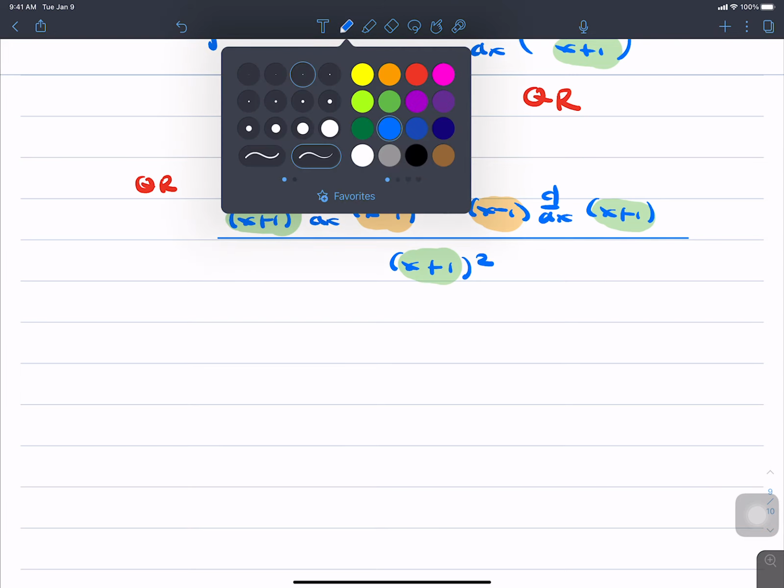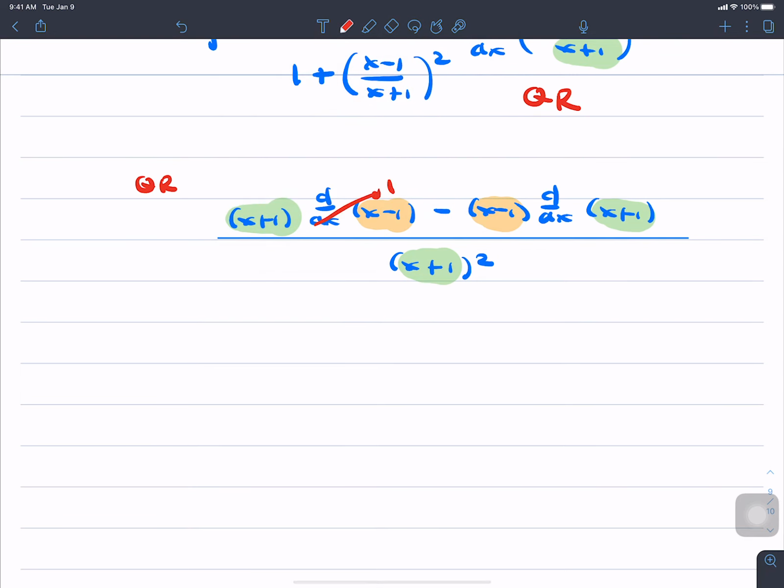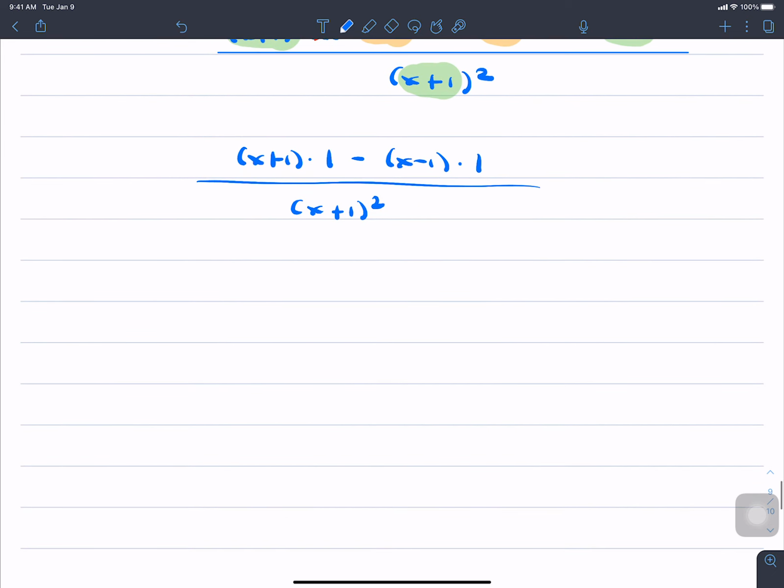So let's take these derivatives here. So this is going to be 1, and this is 1. And you're going to get now x plus 1 times 1 minus x minus 1 over 1 times 1. This is now x plus 1 squared. So the numerator becomes x plus 1 minus an x plus 1 when you distribute over x plus 1 squared.